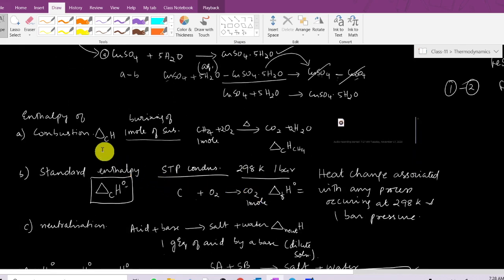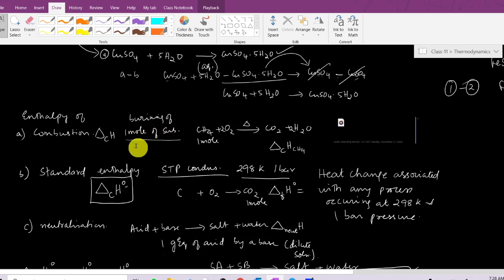Similarly, you can also calculate the enthalpy of combustion. So what is enthalpy of combustion? Enthalpy of combustion, delta CH, is defined as the enthalpy change associated with the burning of 1 mole of a substance.